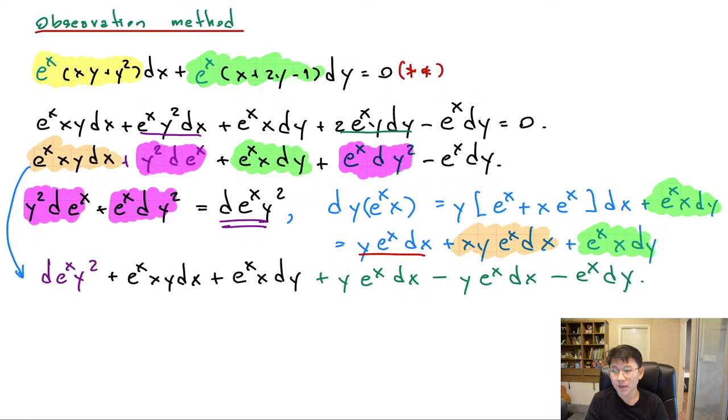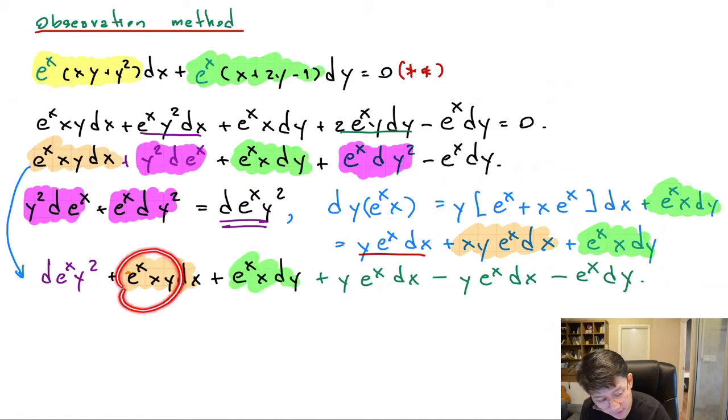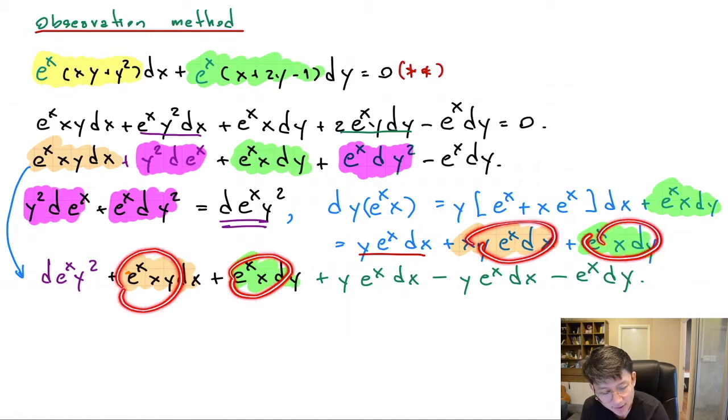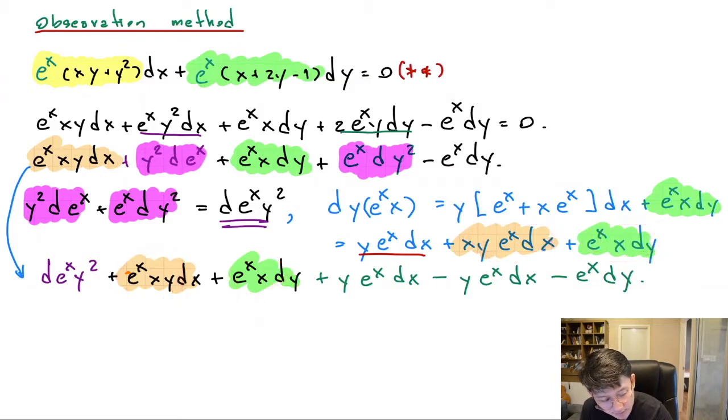Okay, and in that case, I have this guy here, and this guy here as well, right? This guy is this guy, and this guy is that guy. And I also plus this guy into the equation. So I already have it.